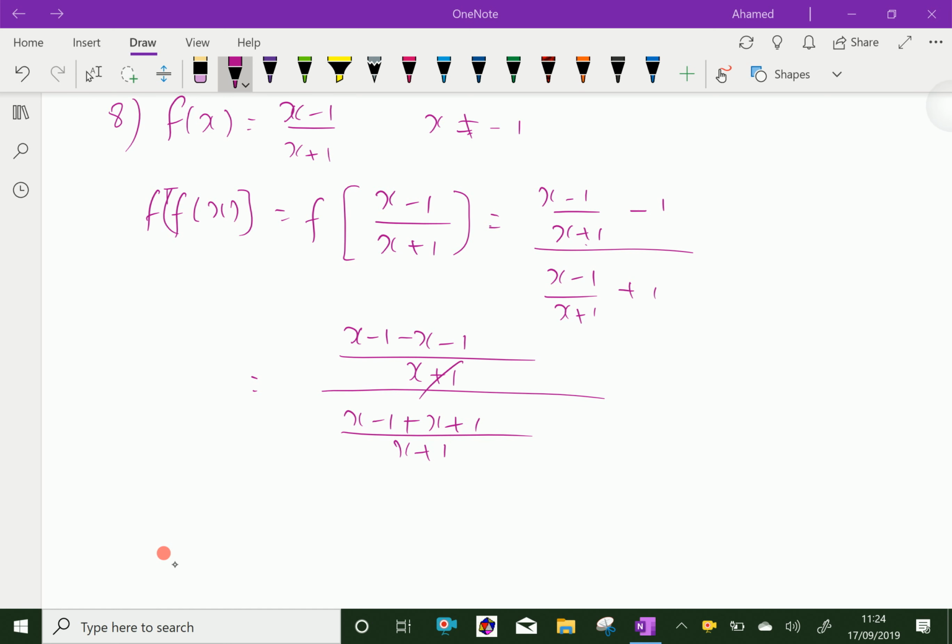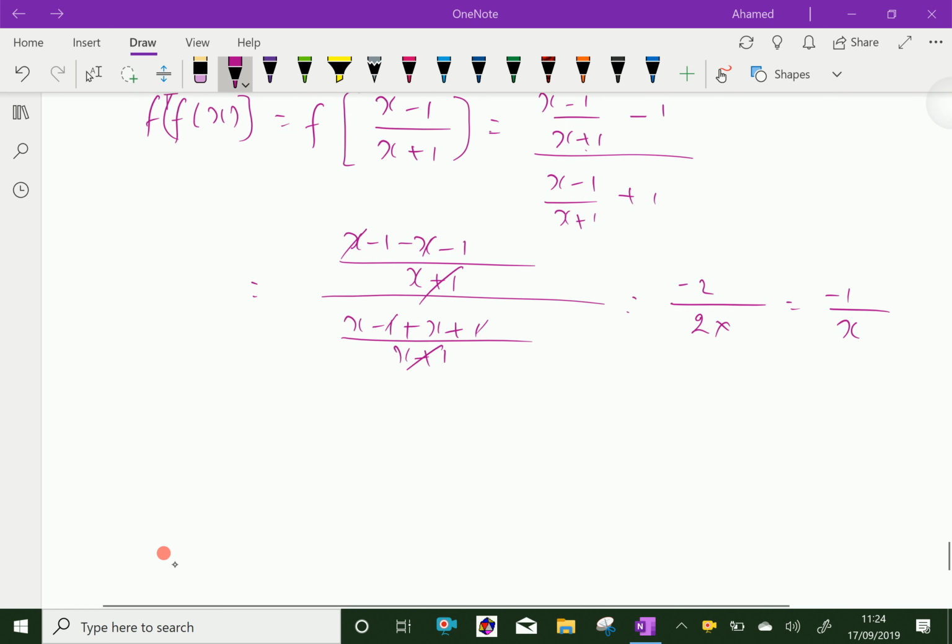So these two denominators cancel, as well as x plus 1 and x plus 1, which is equal to minus 2 over 2x. Further it is equal to minus 1 over x. Hence we proved.